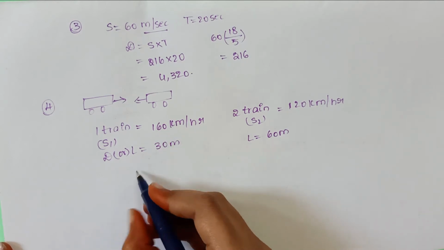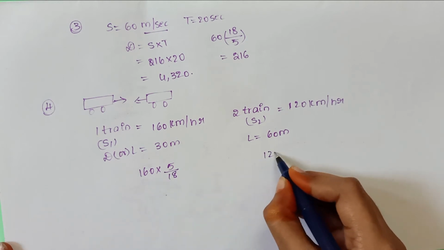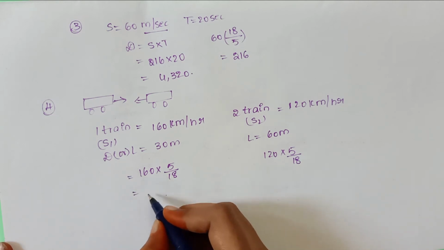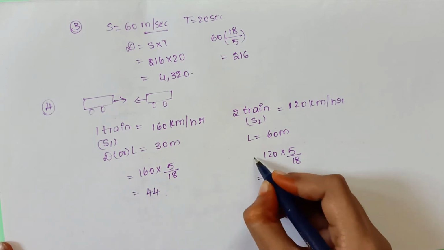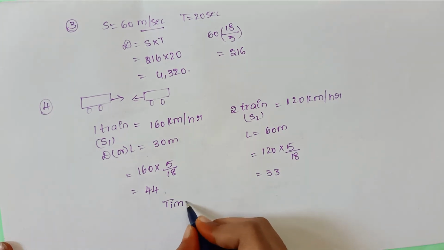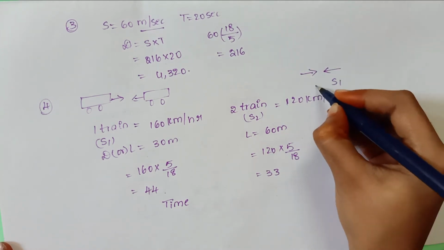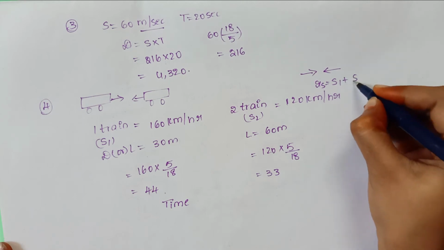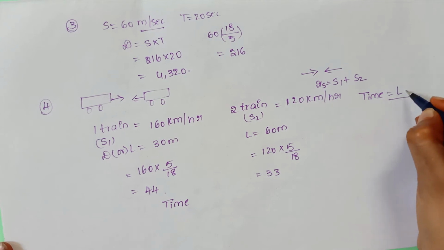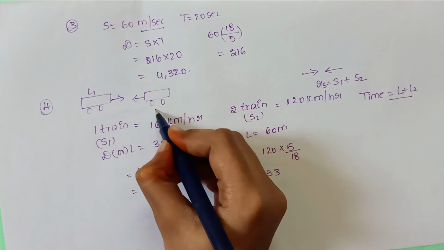First we want to convert this 160 into 5 by 18, 120 into 5 by 18. If we calculate, we'll get 44. Here we'll get 33. Now, when they are moving in opposite direction, we should use RS is equals to S1 plus S2, where time is equals to L1 plus L2 by RS, because two trains L1 and L2.